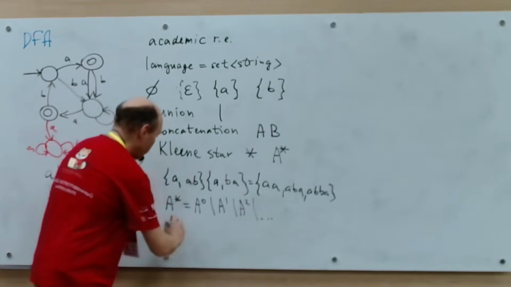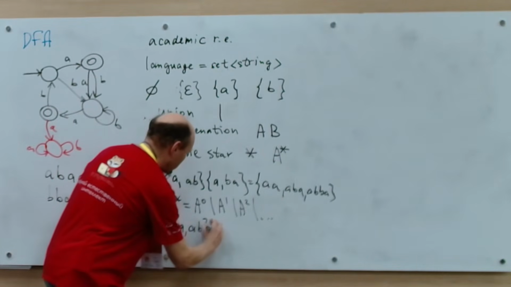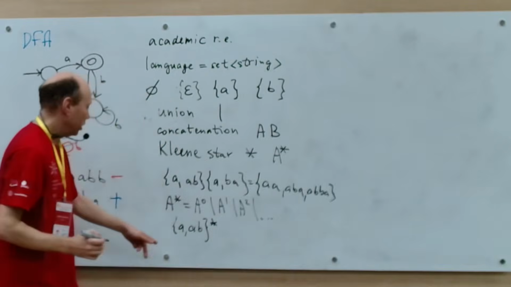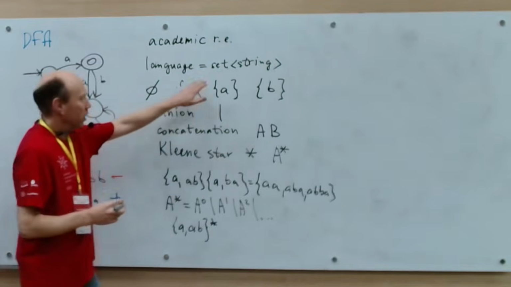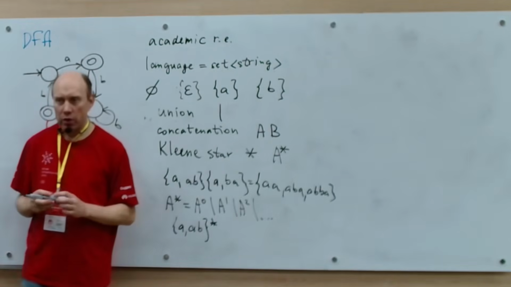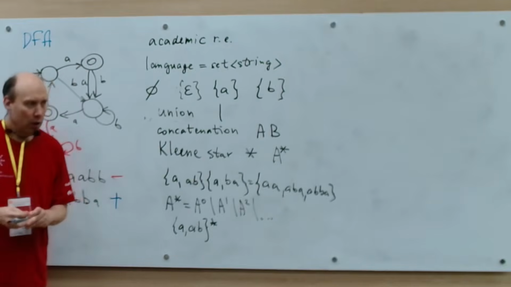So, for example, if we take A, B, and apply the Kleene star, we get what? We get the set of strings, and this is where the word set goes away from C++ to some mathematical meaning of the word set.